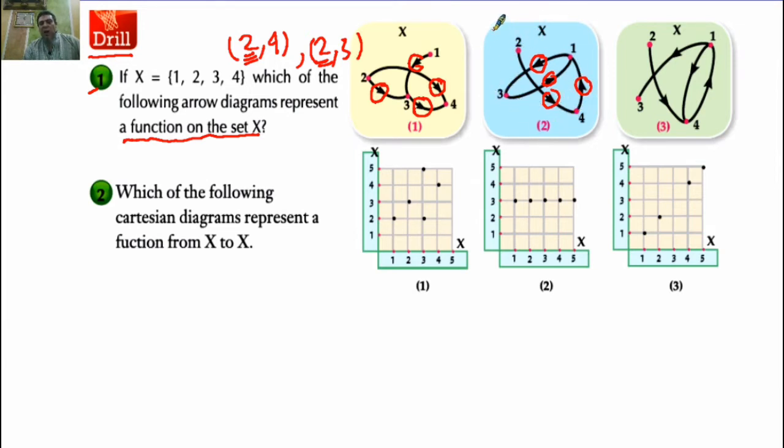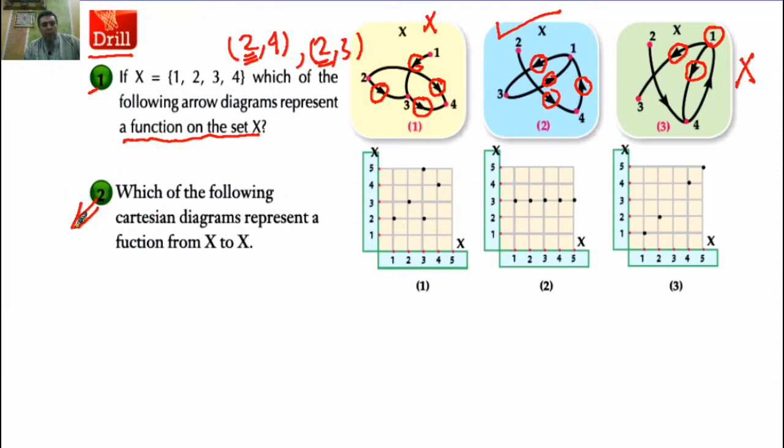This relation is a function. Number 3: 1 and 3, 1 and 4. The element 1 appears 2 times as a first projection. Then this relation is not a function.